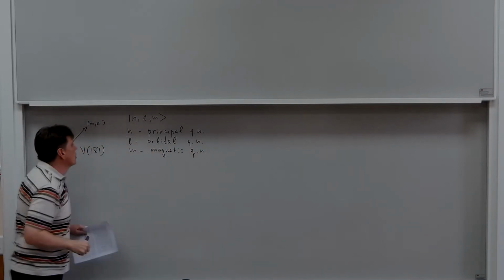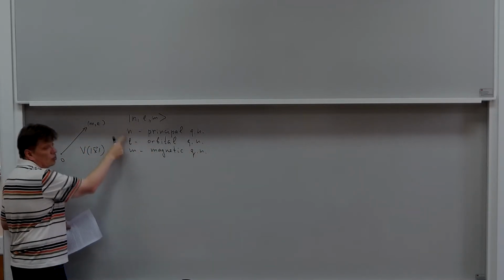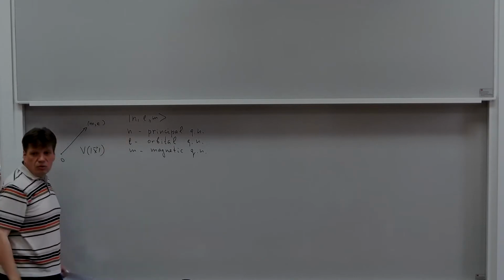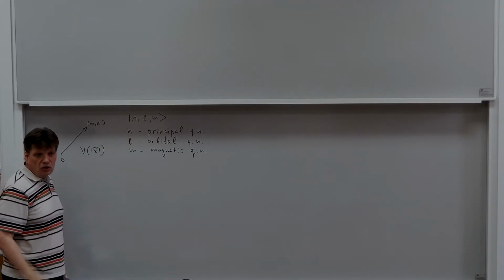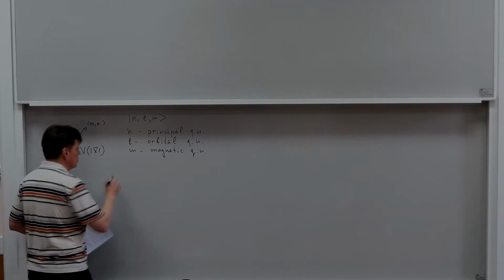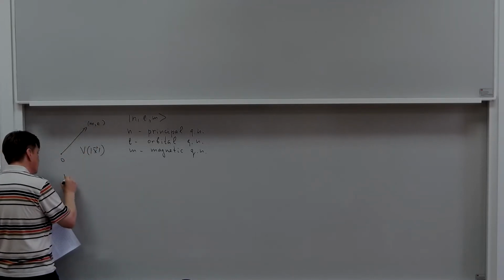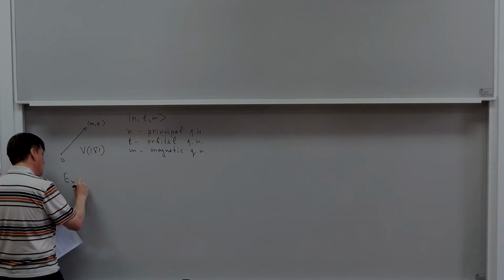We can also use the first two quantum numbers, n and l, to tag the energy levels of the particle. So energy levels are labeled by n and l.